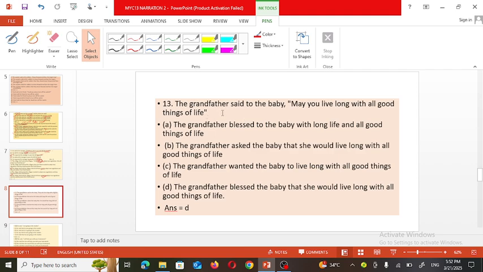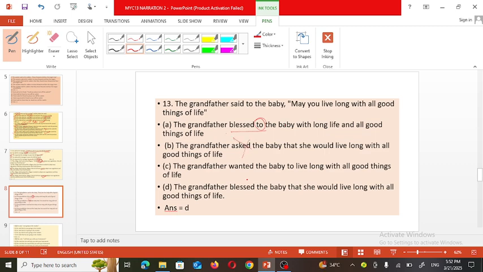Now see the next example. The grandfather said to the baby, "May you live long with all good things of life." Now what is this? This is a blessing given by the grandfather to the baby. When we are using a reporting verb, we need to mention it. So "grandfather blessed the baby."